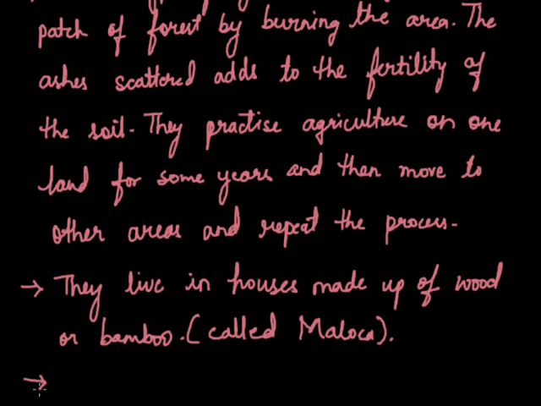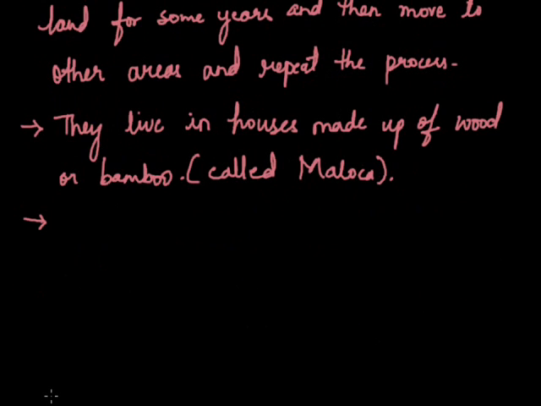They are not entirely dependent on agriculture. They also harvest their required materials from the forest. They are dependent on the herbs and fruits that they gather from the forest. One of the major staple foods is cassava. It is a potato-like, sweet potato-like root.